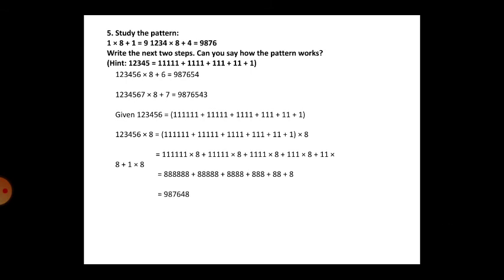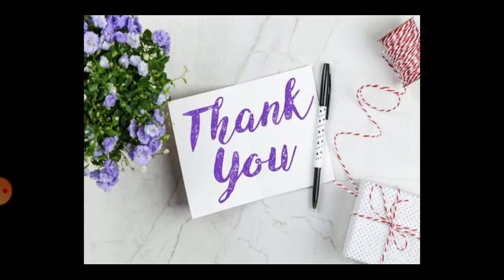If you add that number you will get the answer 987648. This is the checking part to see the pattern works like this. For that purpose, 1 2 3 4 5 6 multiply with 8 plus 6 equals 987648 plus 6, so that is 987654. Here the pattern works.